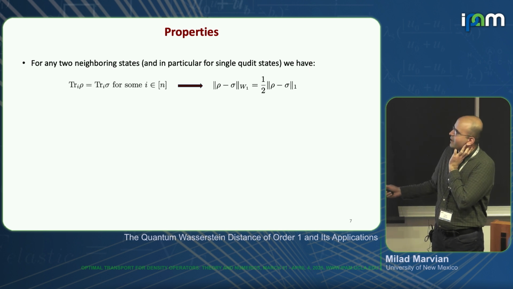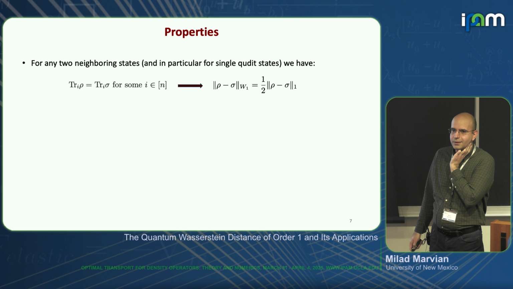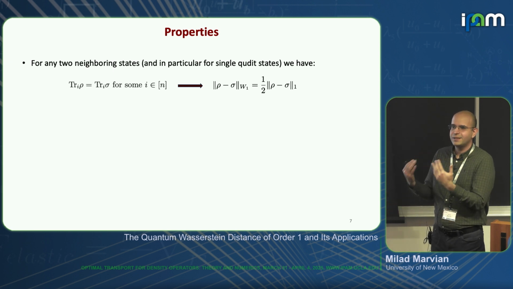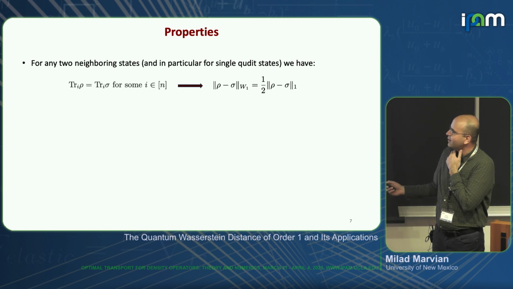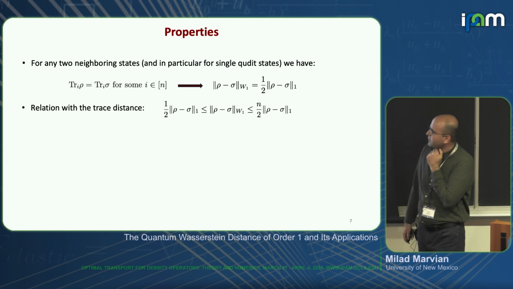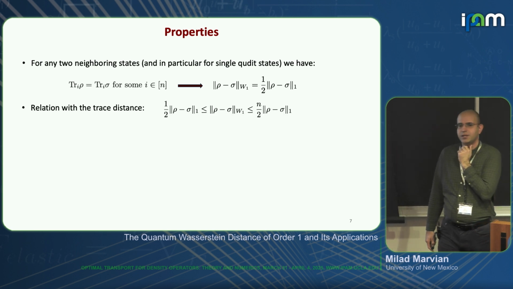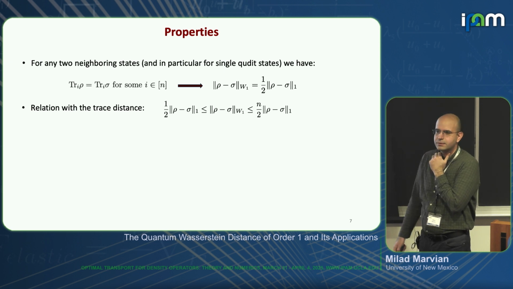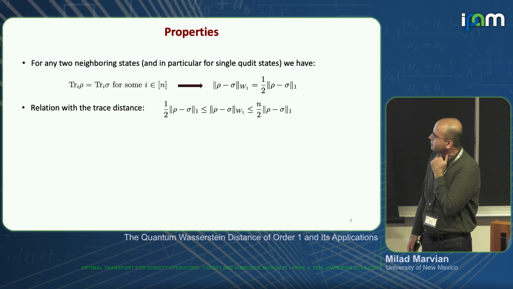In particular, any single qubit state is a neighbor with another state in the same Hilbert space. That means that this is true also for any single qubit. In general, for an n-qubit system, you can show that it's bounded by n times the trace distance.